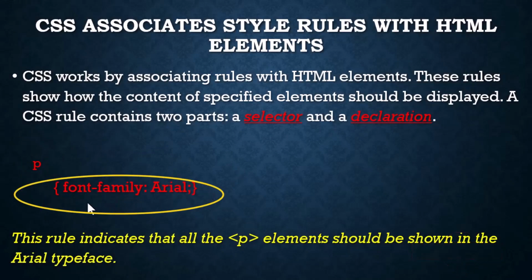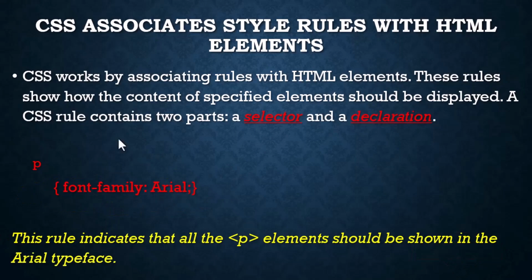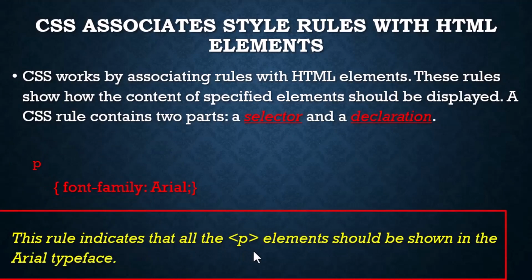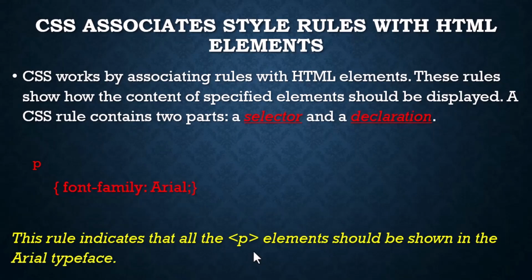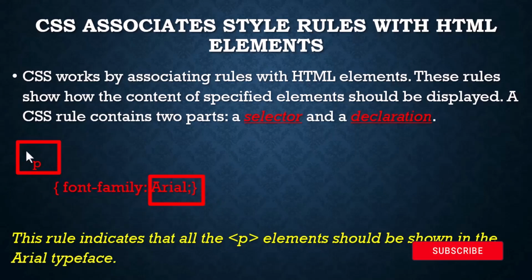This CSS rule indicates that all the paragraph elements should be shown in Arial typeface. So we are giving all our paragraphs a particular typeface, or font face, which is Arial. We are saying this Arial should apply to all our paragraphs within the page. That's exactly what this rule means.